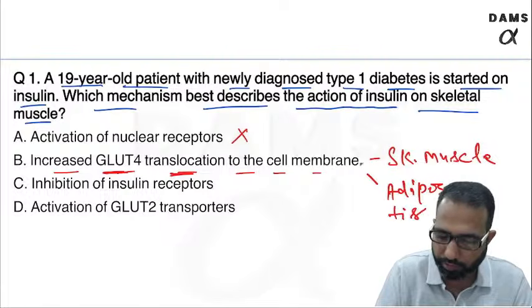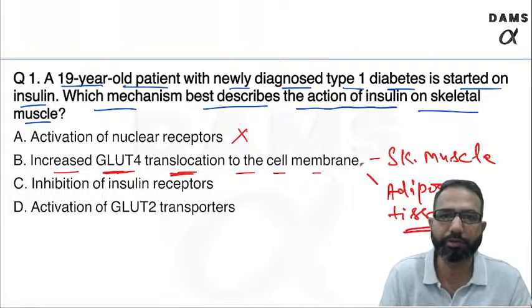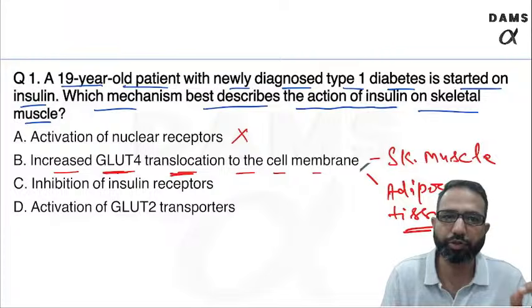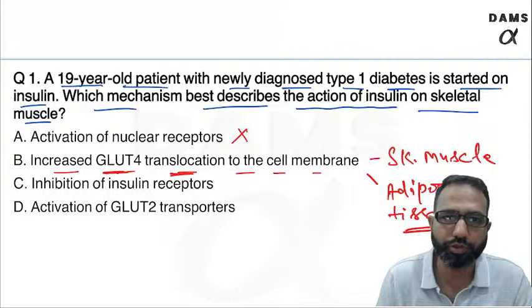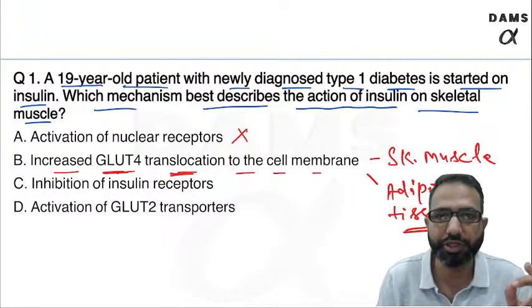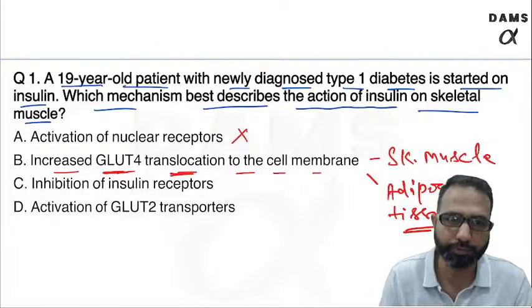In these tissues, this GLUT4 translocation is basically helping the insulin to control the blood sugar. GLUT4 is a glucose transporter, so that helps in the glucose uptake in these tissues, skeletal muscle and adipose tissue.